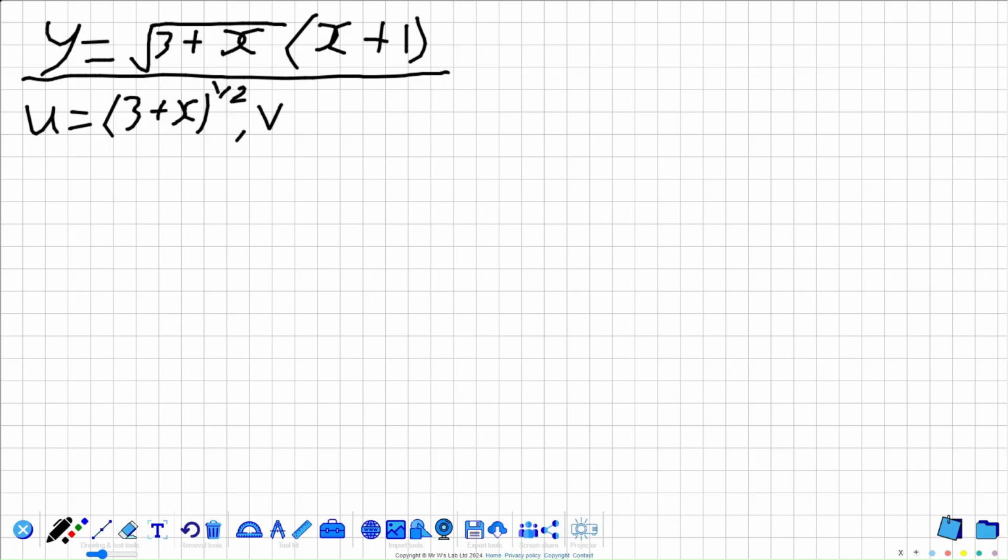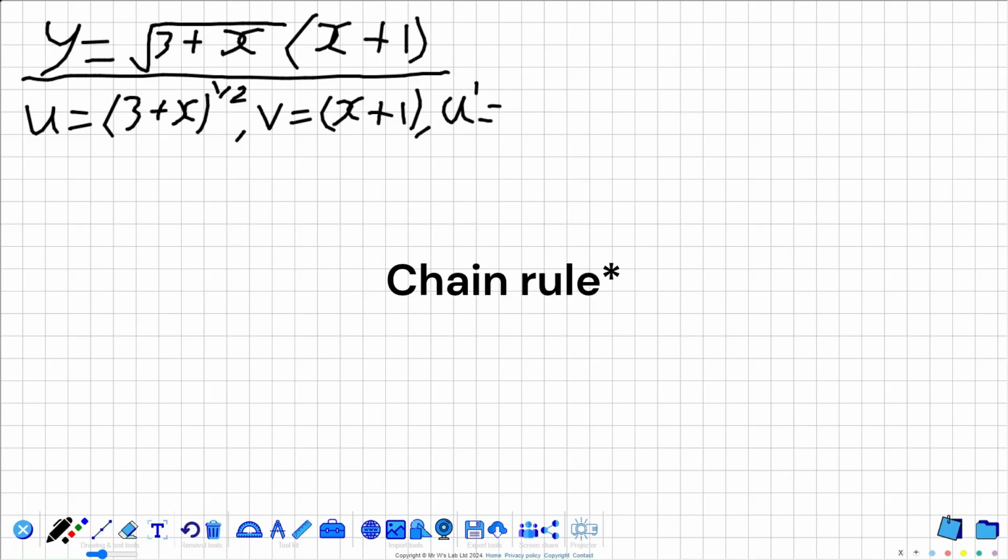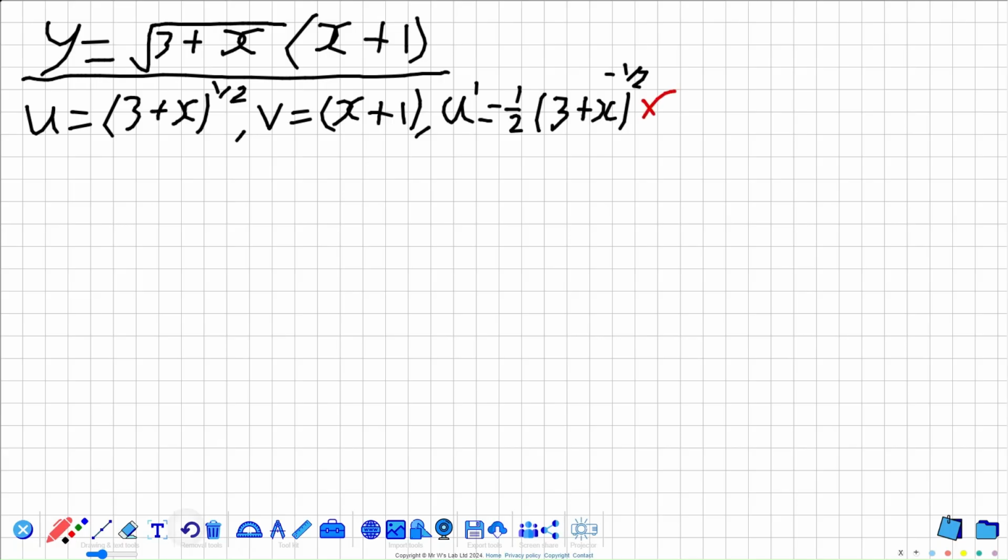And then we've got v equals x plus 1, and u dash, and this is where we're going to need to do the chain rule again, is going to equal 1 over 2 (3 plus x) to the power of negative 1 over 2. Unfortunately, these questions are being very nice to us because we don't need to multiply this by anything, because that x just becomes 1, so that's handy. And then v dash will simply equal 1, which again helps us.